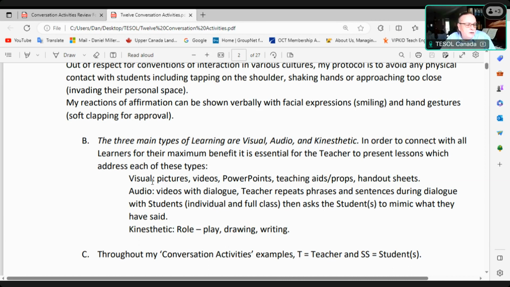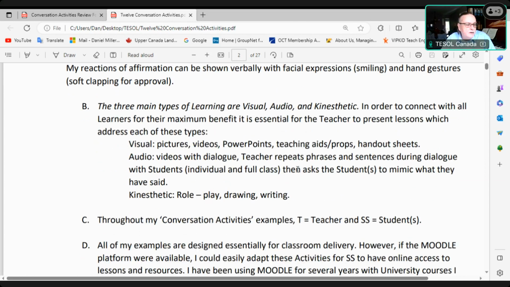So the vast majority of people on the planet are visual learners. Visual learners represent about 68% of all people on Earth. So most of us are visual learners. I'm a visual learner. I learn best by seeing pictures of things or by seeing things.